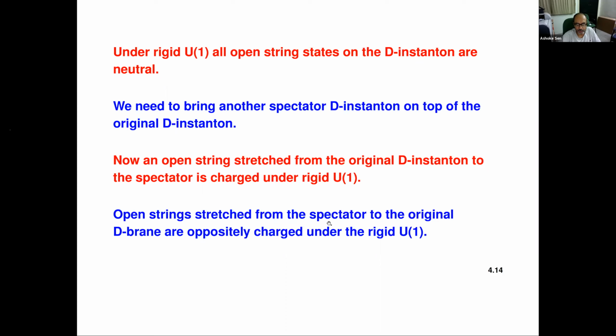And of course, if you have an open string that is stretched from the spectator to the original D instanton, it is oppositely charged under the same rigid U1. So now at least we have something that transforms under rigid U1, and we can compare this with how it transforms under the open string gauge transformation that is generated by theta. And that's what we'll try to do. Is this clear?